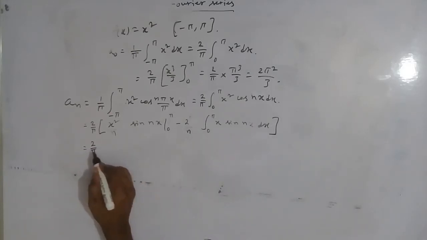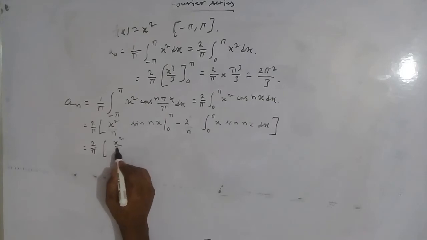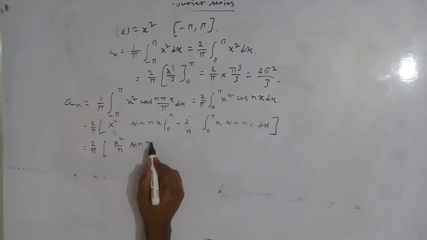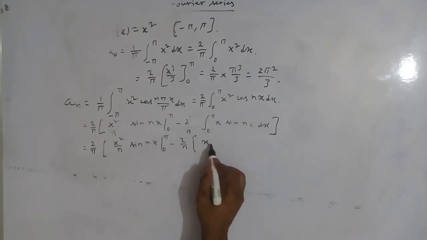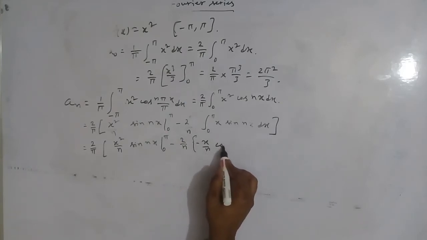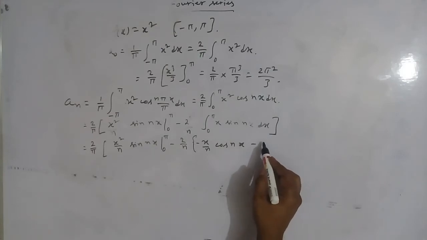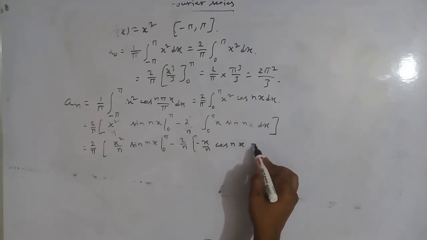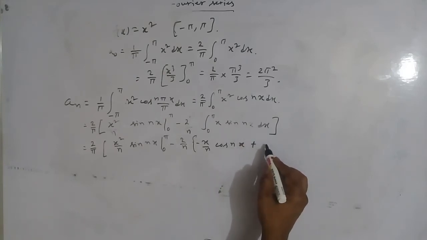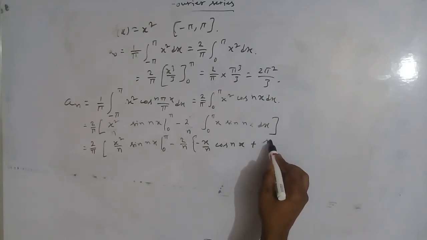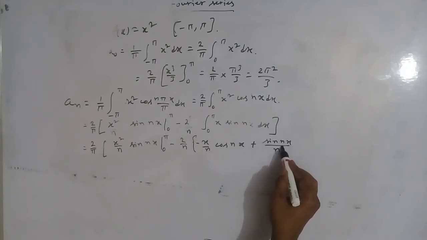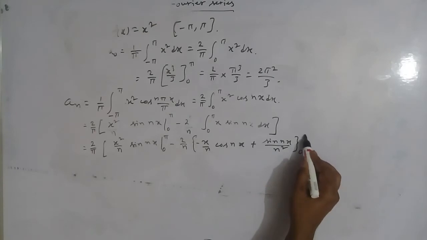Now 2 by pi, x square by n sin nx from 0 to pi, minus 2 by n, and first function is x, and this will be minus cos nx by n, minus differentiation of first function, that will be 1, and after integrating this will be minus cos, so this will be plus, and again we are integrating cos, so this will be sin nx by n square. So this is also from 0 to pi.